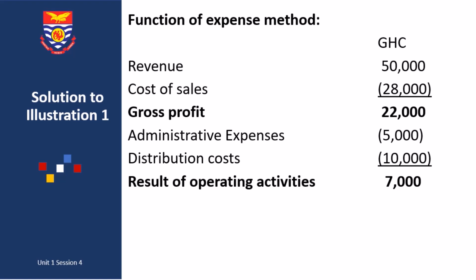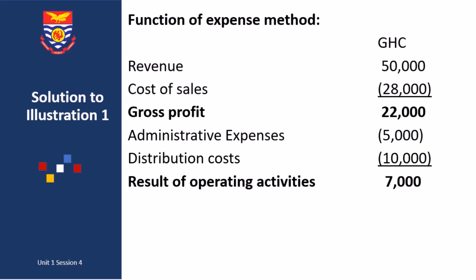So the total cost of sales, which is made up of raw materials consumed, the employee benefit expense and all those ones, the total of 28,000 is what must be taken out as the total cost of sales, giving us a gross profit of 22,000.